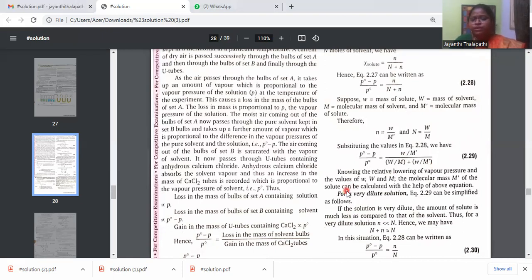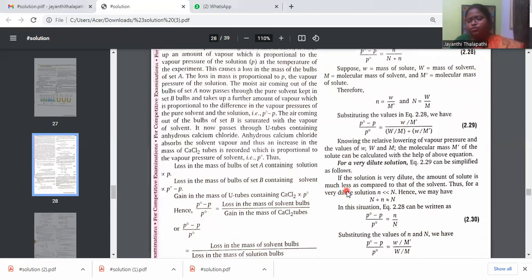So over here, actually this is a very dilute solution, right? Very little solute is dissolved in it. So in a very dilute solution, the number of moles of solute present is very small, which means over here, where we wrote n plus N, small n is very much less than the moles of the solvent, right?